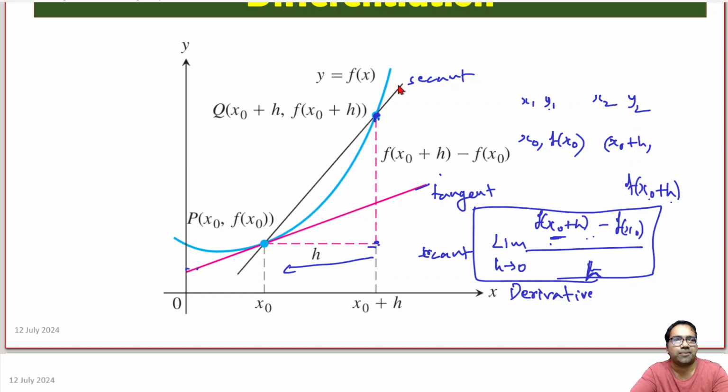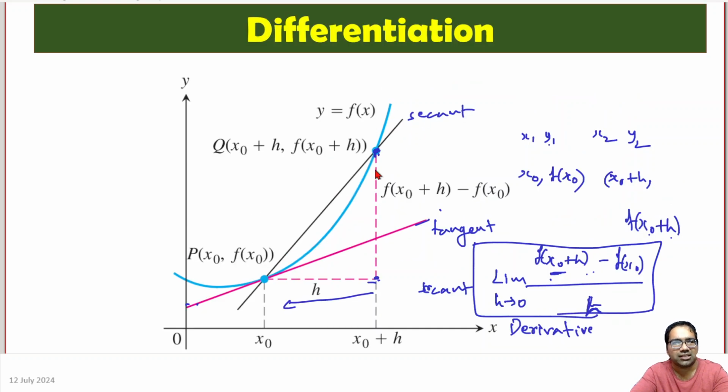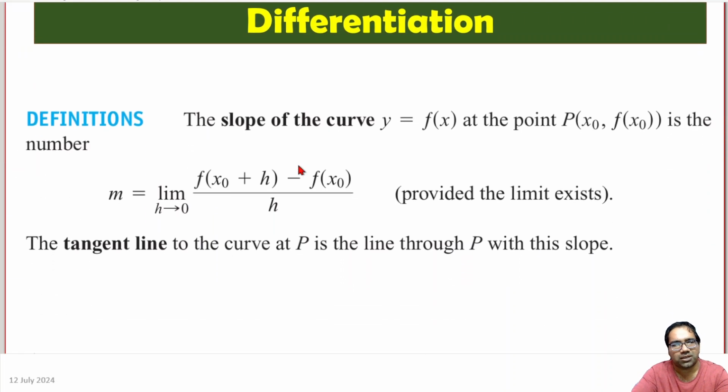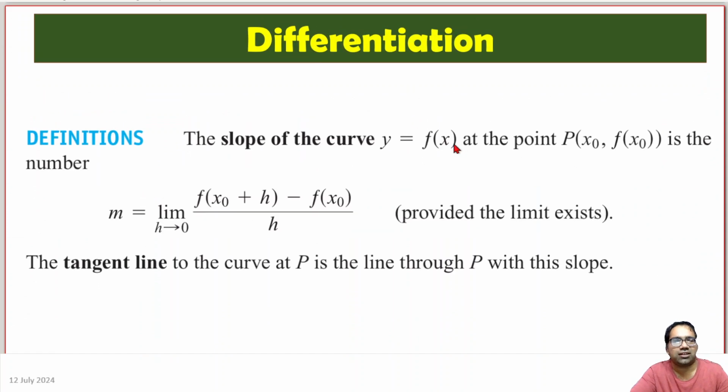That is how we started with the slope of a straight line, and then we tried to use the same definition. Then we realized that for a curve, at a point, q can be arbitrary, and depending on q, the secant line is changing. Then we agreed that q has to be very close to p, so as to define the slope at p. Okay. So now what is the formal definition? The slope of a curve y equal to f of x at point p, x naught, f of x naught, is this limit: f of x naught plus h minus f of x naught by h, provided this limit exists.